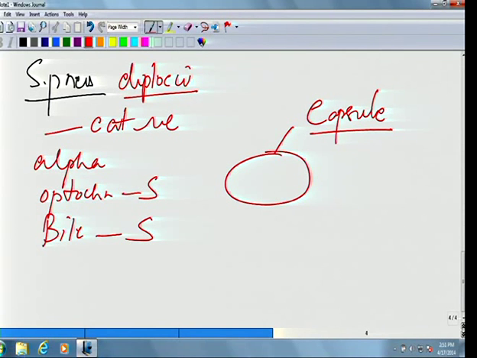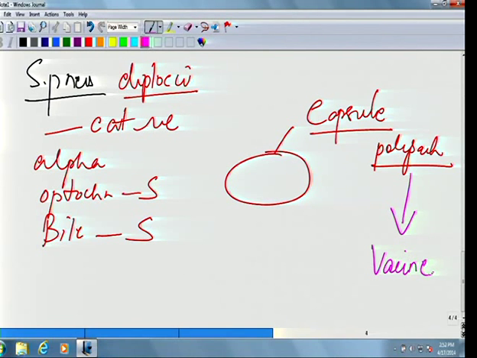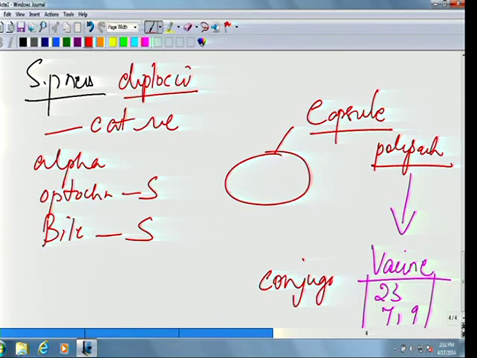The capsule is a very important virulence factor made up of polysaccharides, and it is the basis of the vaccine of pneumococci. You have the 23 valent, then you have the 7 or 9, that doesn't matter. But for children, what type of vaccine is it? It's a conjugate vaccine.